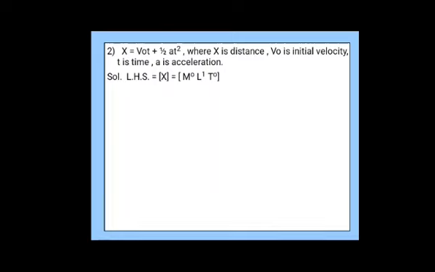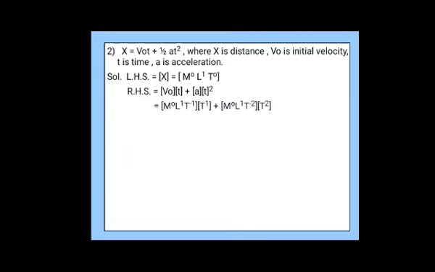X. So the dimensional formula for distance is M raised to 0, L raised to 1, T raised to 0. Now take the RHS part. What is the RHS part? V naught t plus half A t square. Just now I told you half you cannot write. So neglect that one. Only write the dimensions of velocity, time, acceleration and t square.